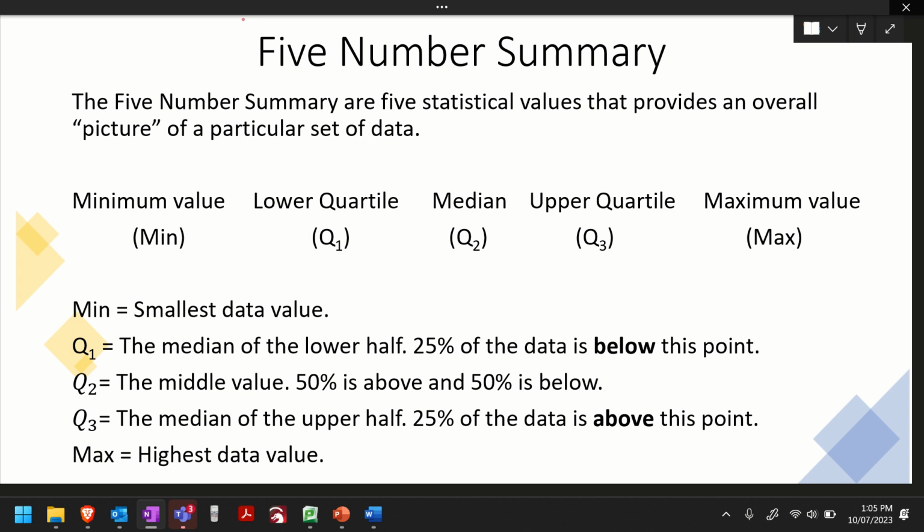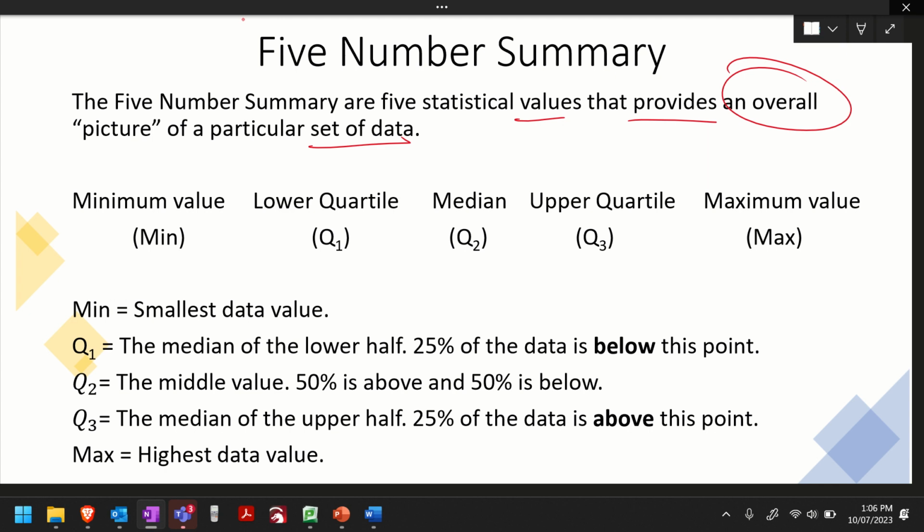I think Sam mentioned this before with the quartiles. It's all about cutting things in half. Basically, the 5-number summary is values that provide an overall representation of a set of data.